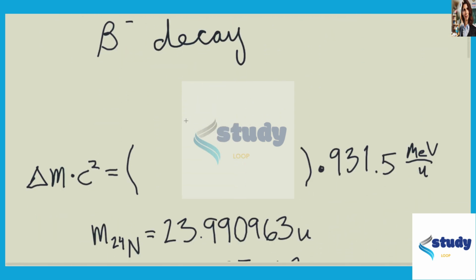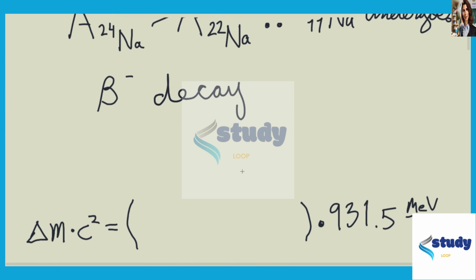The next part of the problem asks for us to write down the specific reaction that takes place in this beta negative decay. We can do that here. We start out with a sodium 24 isotope. And recall from my earlier explanation, in the case of a beta negative decay, we'll end up with 1 proton greater in the nucleus because the neutron will have decayed into a proton and will spit out an electron.